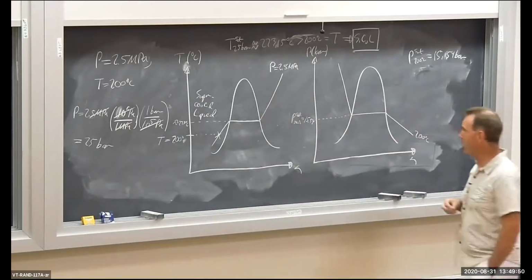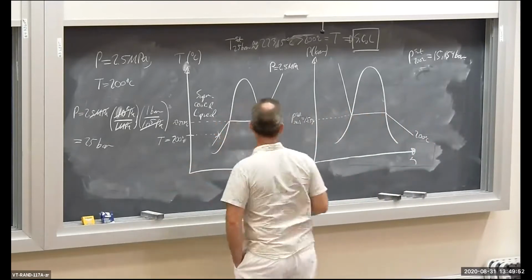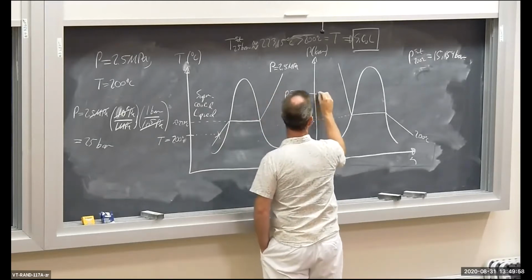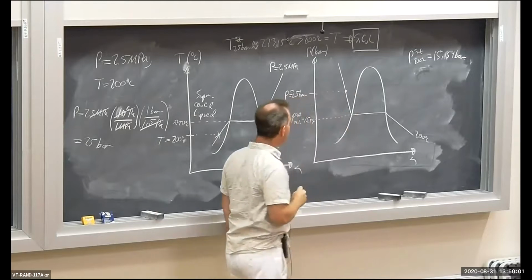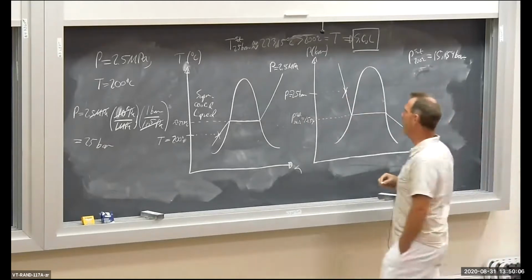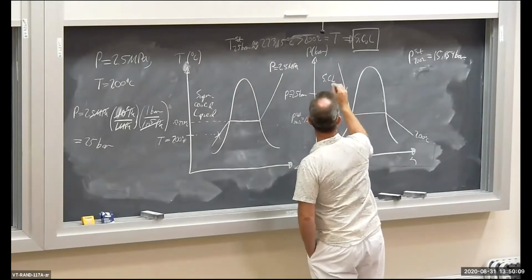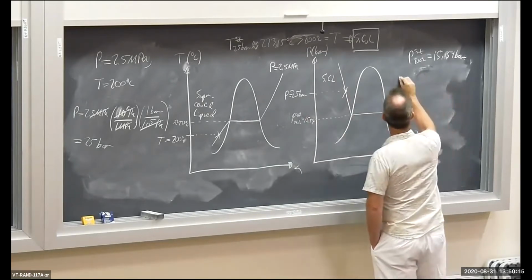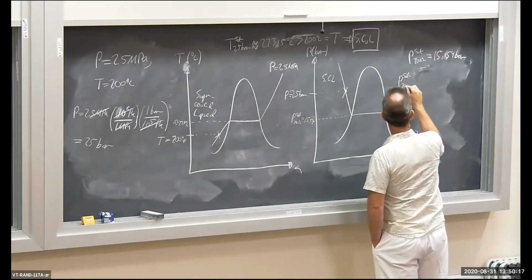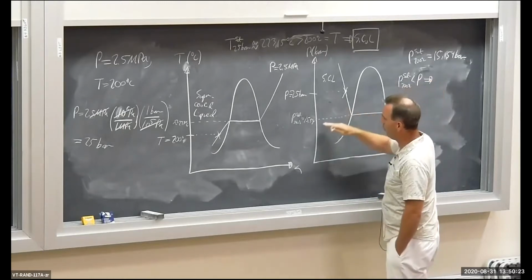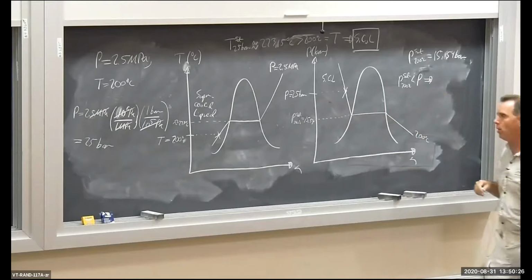Now we are at 25 bar. That's my pressure. The intersection between our isotherm and our isobar puts us in the supercooled liquid region, SCL. Psat at 200 degrees C is less than P. Our boiling pressure is less than 25 bar, so we're compressing it.